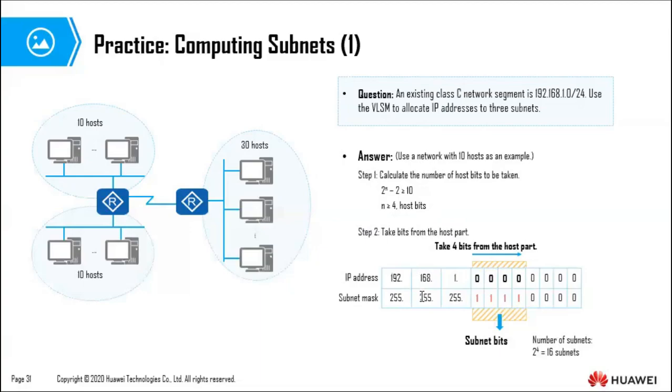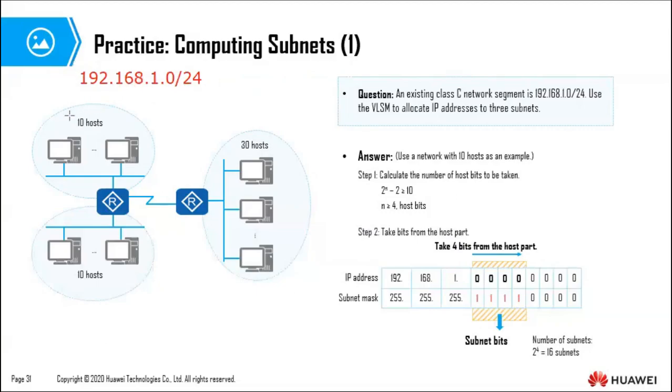But I'll just try and explain to you. Forget about the question a little bit, so that I can explain this particular example. We have 192.168.1.0/24. Then we have 3 labs.